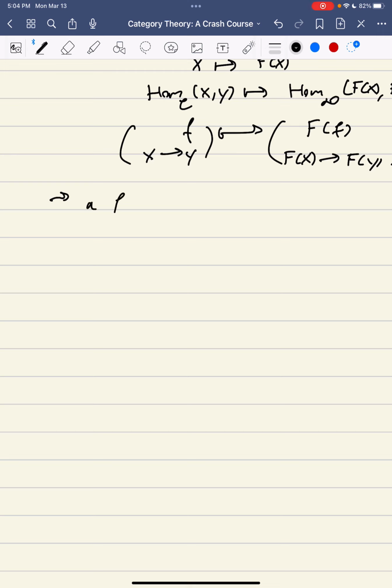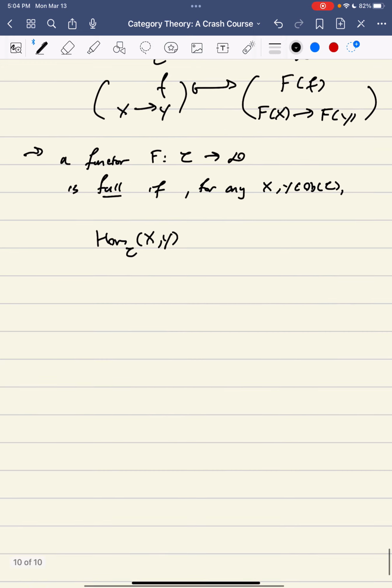A functor from C to D is full if the following happens: for any two objects X and Y in C, the set function from the set of morphisms from X to Y into the morphisms in D is surjective.